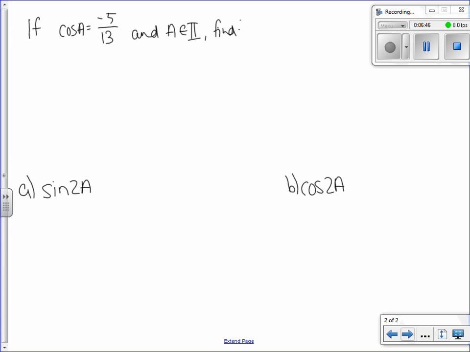Okay, why did I write those all the way down there? Because just like it's been for all of these other angle identities, I'm probably going to have to use my Pythagorean identities to figure some stuff out.